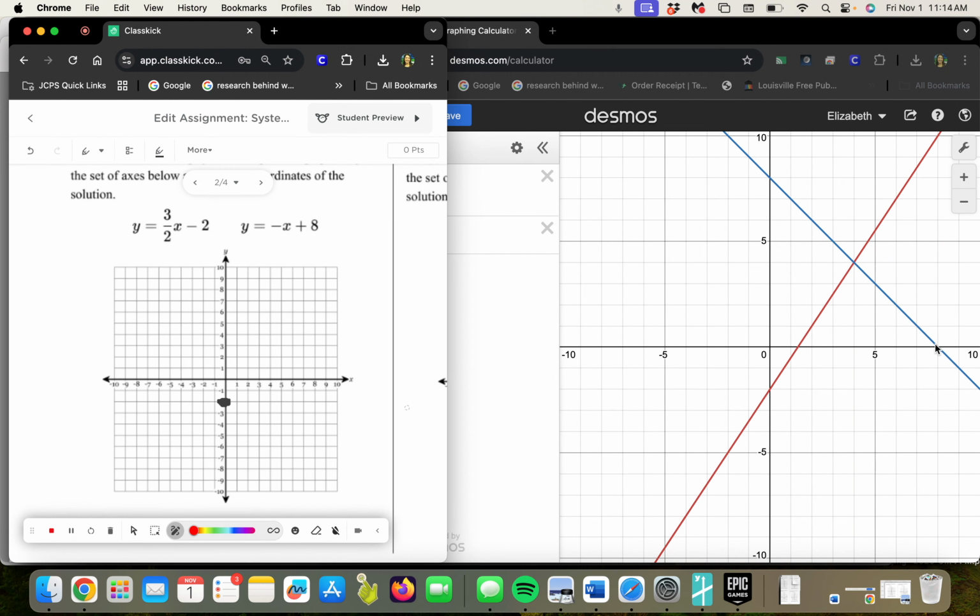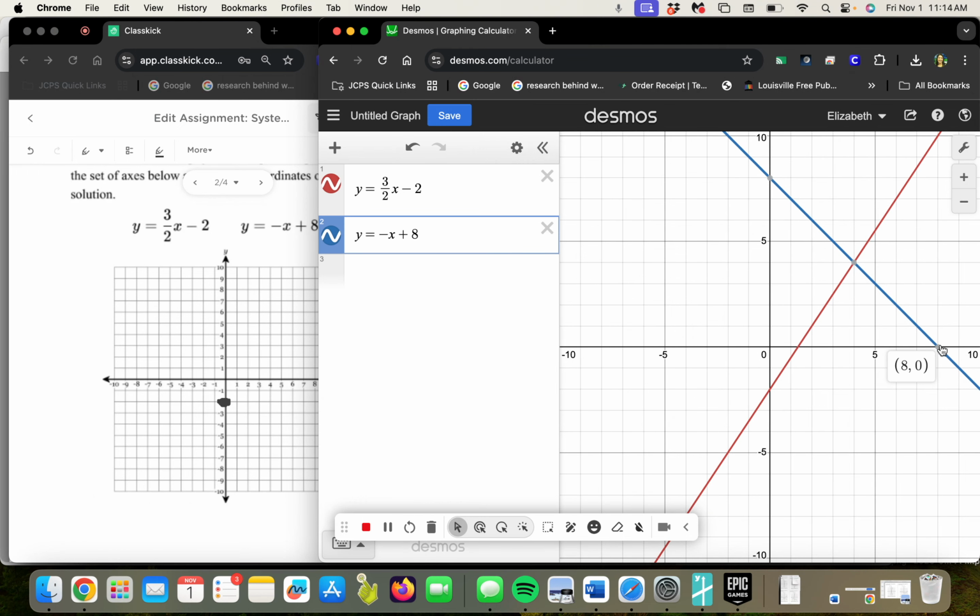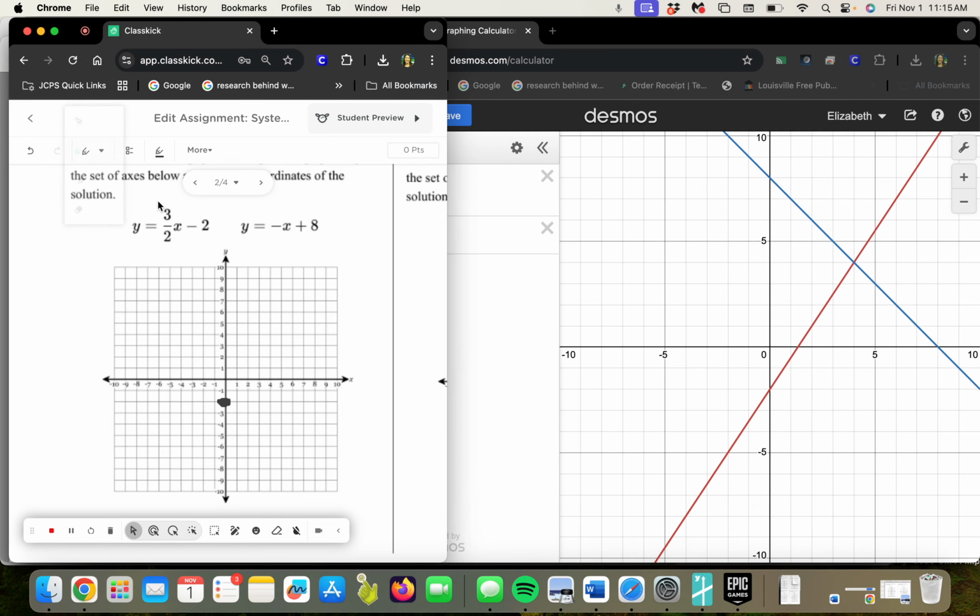And then I can see that my blue line, sorry, I lost my pen there for a second, hits the line over here at, let's see, 5, 6, 7, at 8. So that means that I can put a dot right here at 8.